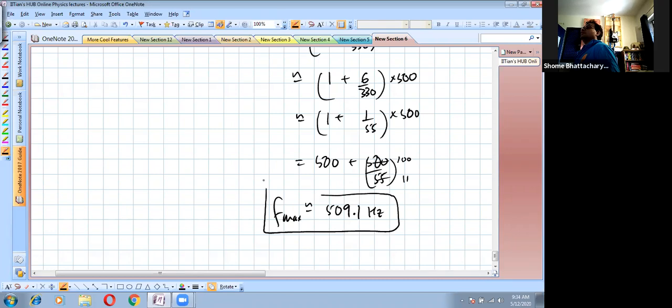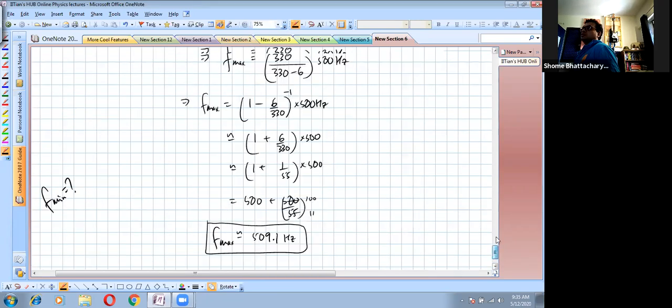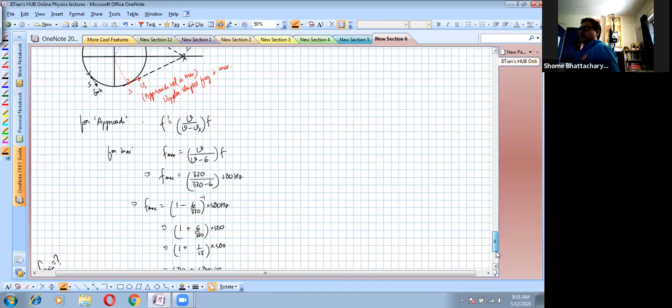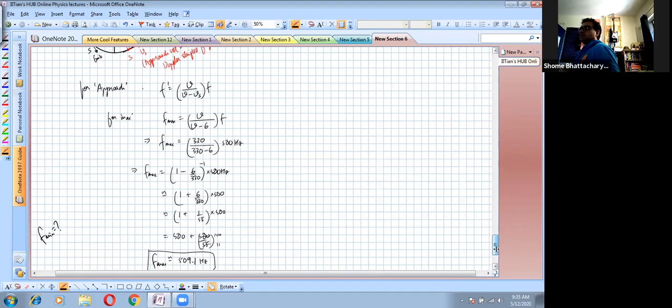Now, very similarly, I want you to calculate the minimum frequency yourself. It's very easy. You have to just adjust the formula. And the minimum frequency will occur when the position is over here. So I'll just minimize this for you to see the calculation carefully. It's quite easy actually.